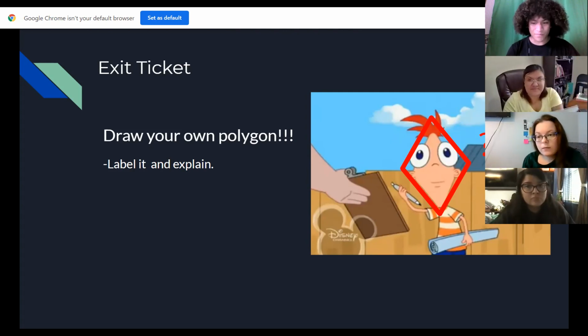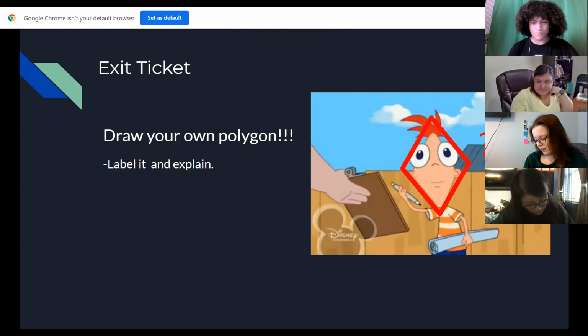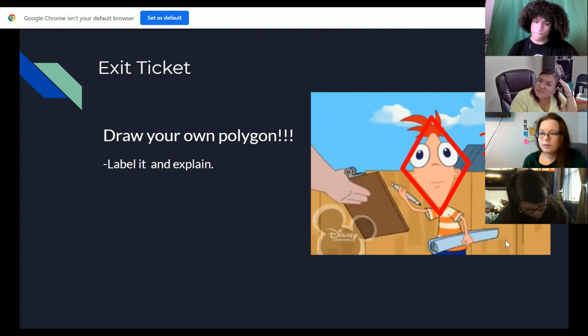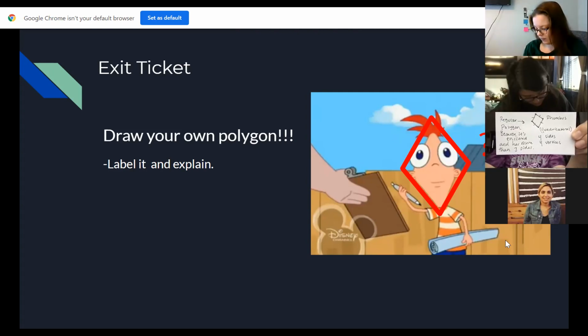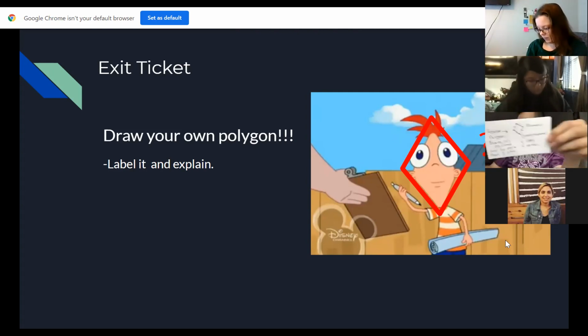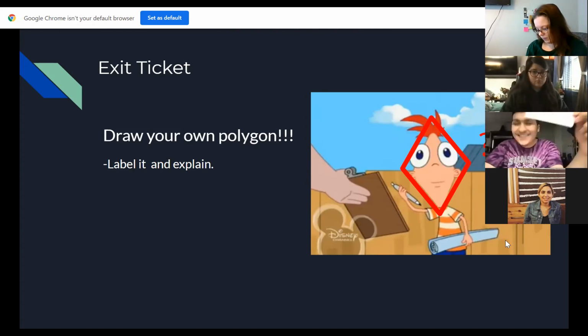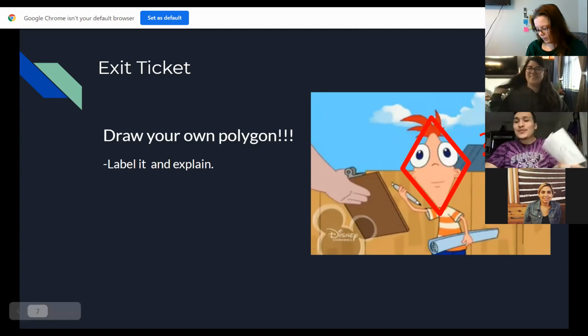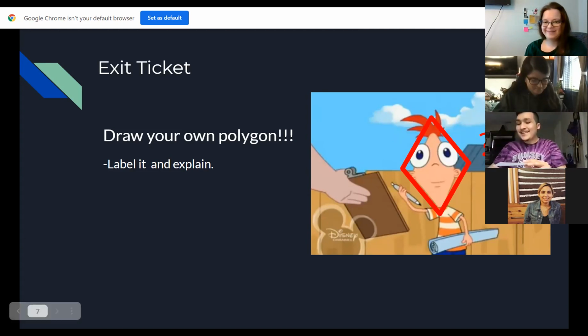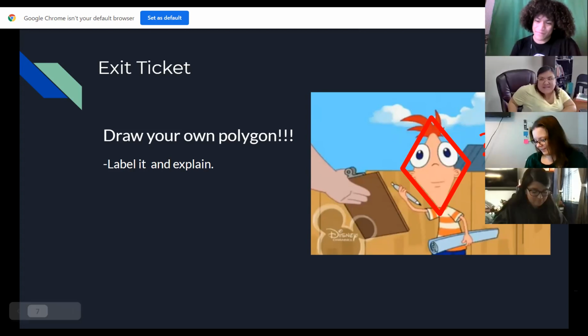Right? I just drew a rhombus. Oh, okay. So it's kind of like Phineas's head. Well, his face, because his head is triangular, but Phineas looking at the camera starts shape shifting.